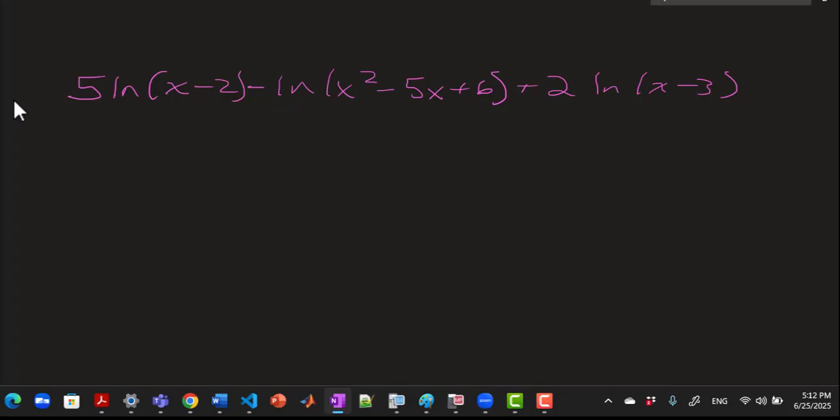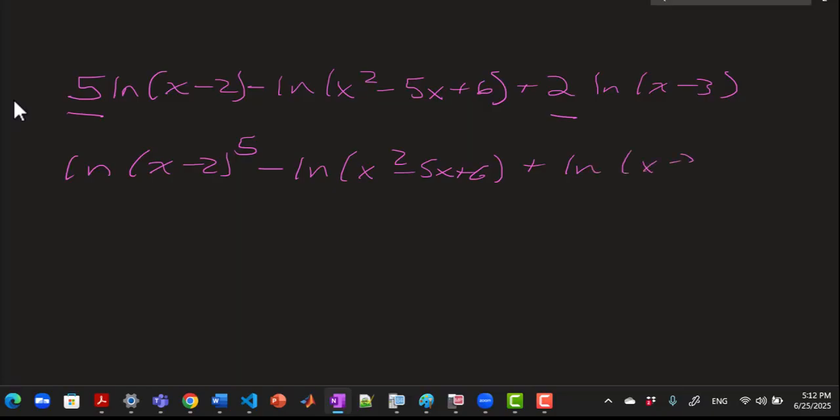So I remember that things that are subtracted end up in the denominator, and things that are added end up in the numerator. But first, let me take care of these numbers that are out in front. So this is the natural log of x minus 2 to the 5th minus the natural log of x squared minus 5x plus 6 plus the natural log of x minus 3 squared.